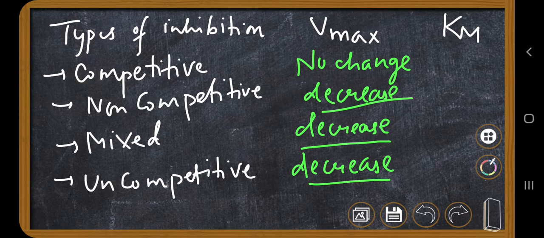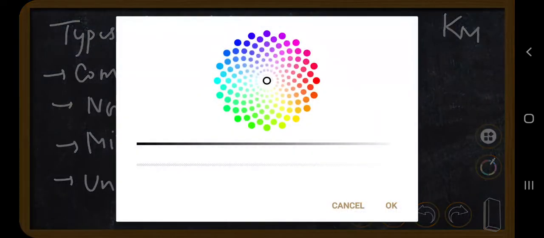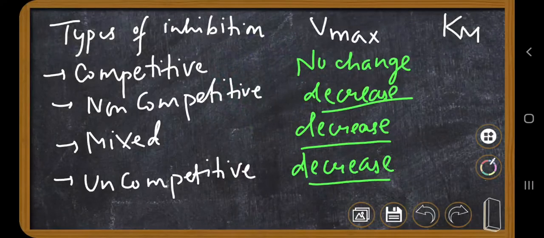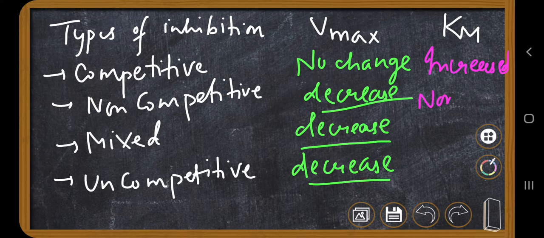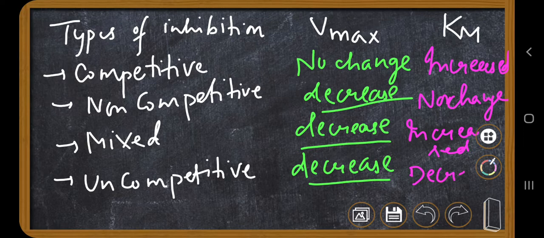Then what will happen to Km values, right? So let me take another color. Km values, again in competitive it is going to be increased, then in non-competitive it is going to have no change, then in mixed it is going to be increased, and in the last case, that is in uncompetitive, it is going to be decreased.